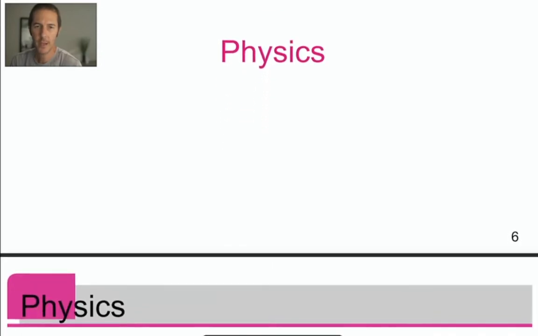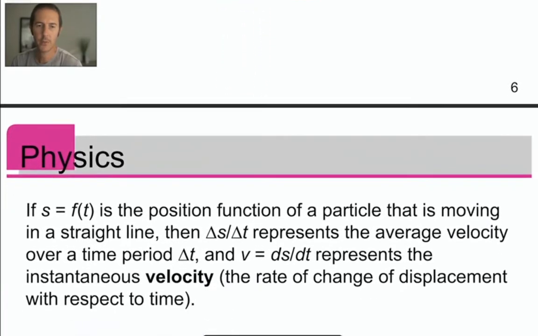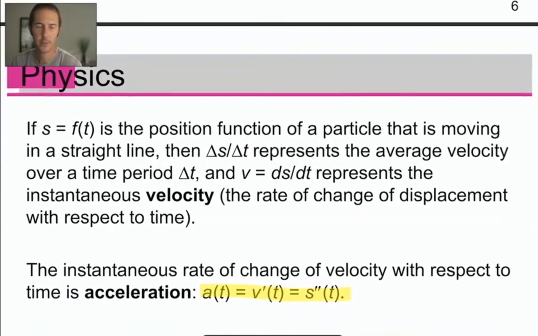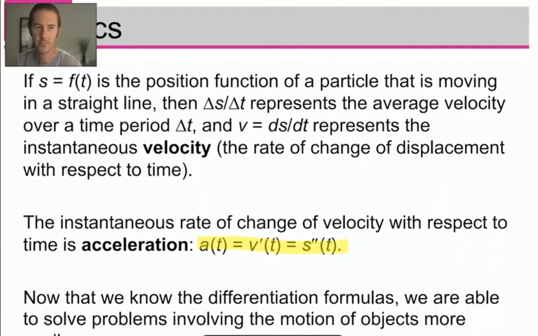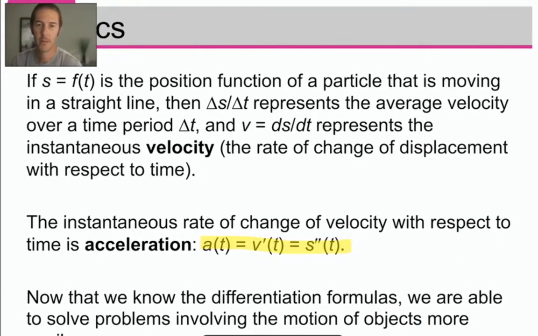When we start looking at the different applications of the idea of the derivative and rate of change, one of the arenas where we look at it is in physics. And physics provides this relationship that is referenced very frequently.